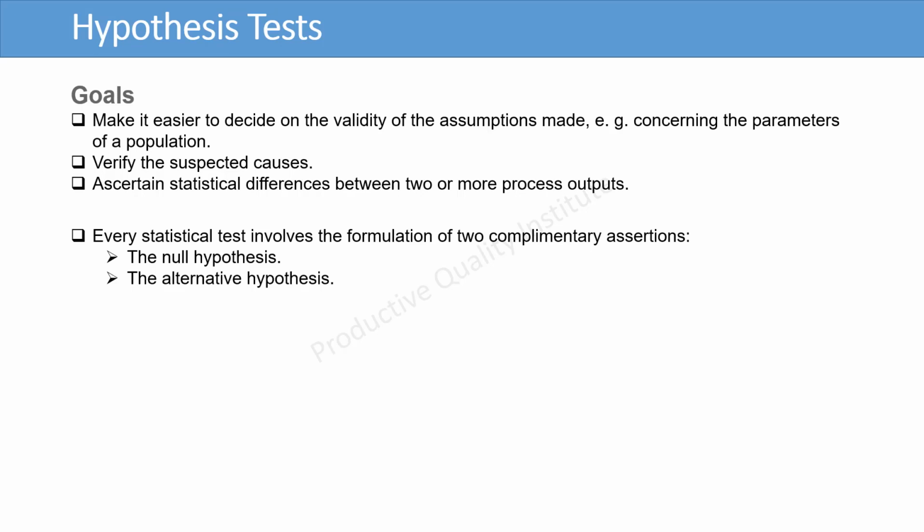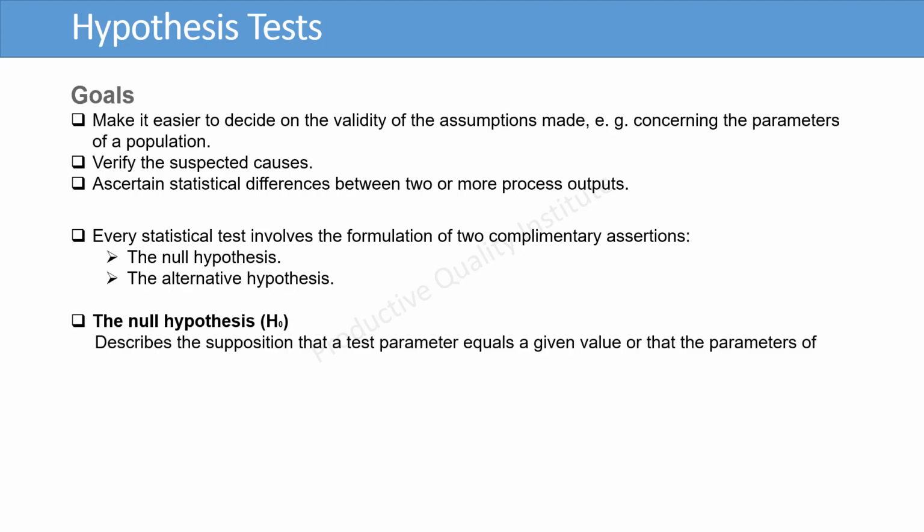Every statistical test involves the formulation of two complementary assertions, the null hypothesis and the alternative hypothesis. The null hypothesis, H0, describes the supposition that a test parameter equals a given value, or that the parameters of two or more populations are equal, the state in which nothing has changed.